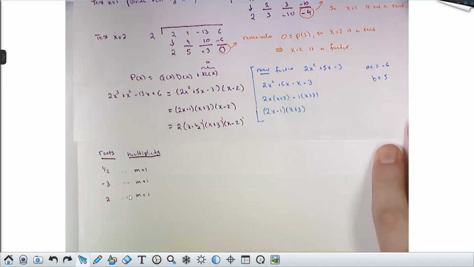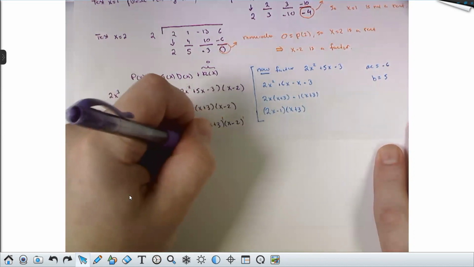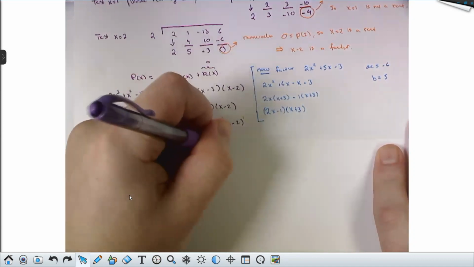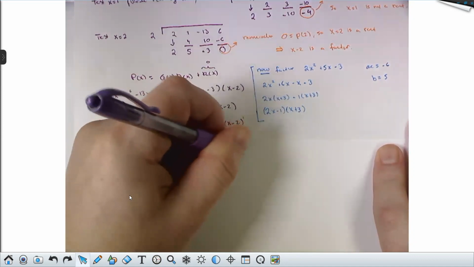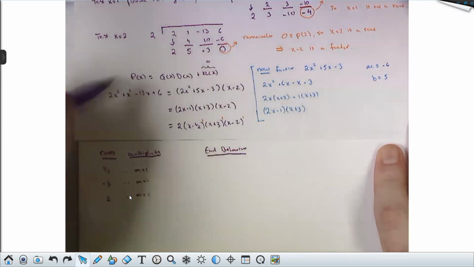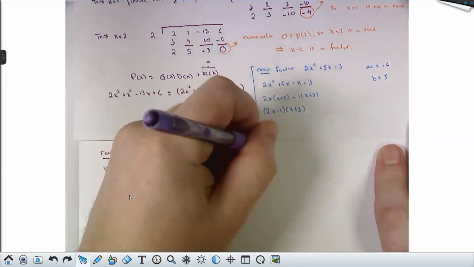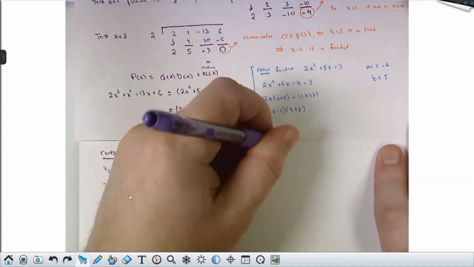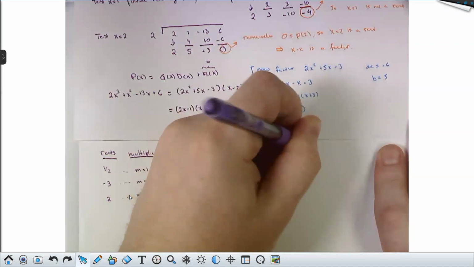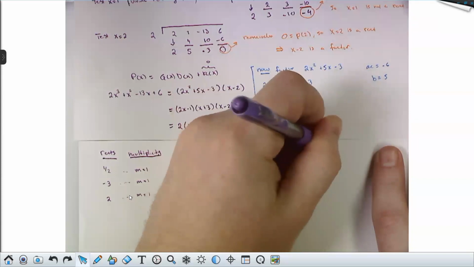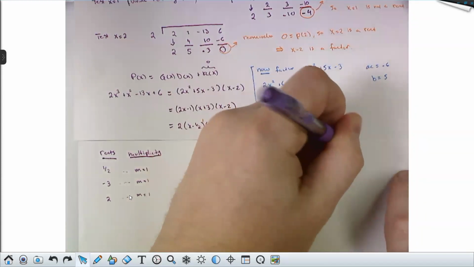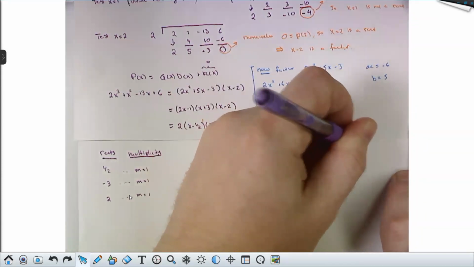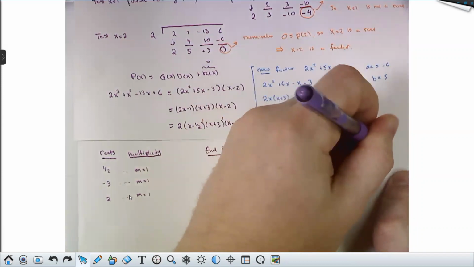The other thing I need is the end behavior, which I get by looking at the degree and the lead coefficient. So the degree is 3, which is odd. And the lead coefficient is 2, which is positive.